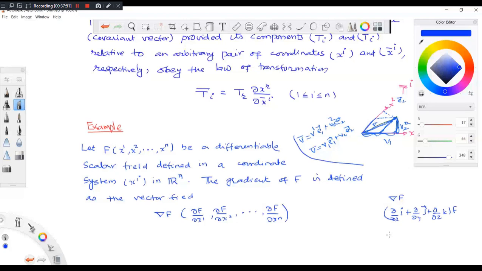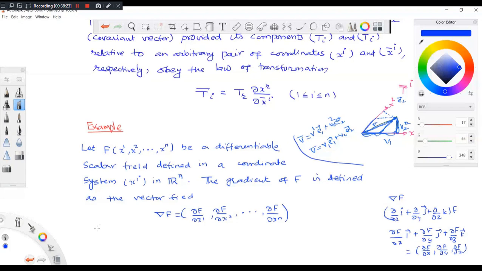Del f by del x into i bar plus del f by del y into j bar plus del f by del z into k bar. This I am writing is del f by del x, comma, del f by del y, comma, del f by del z. So if you extend this to n such variables, then I will get this. So del f is precisely this. This is called the gradient vector.